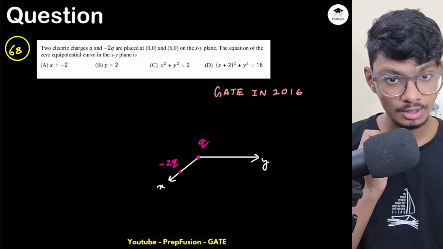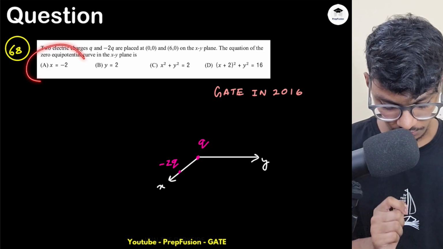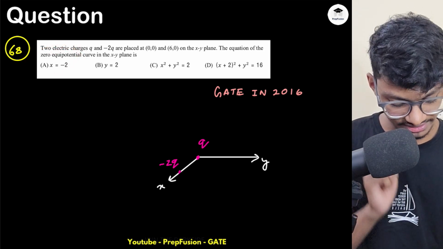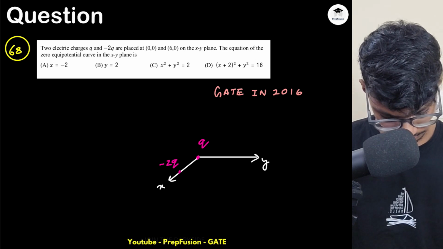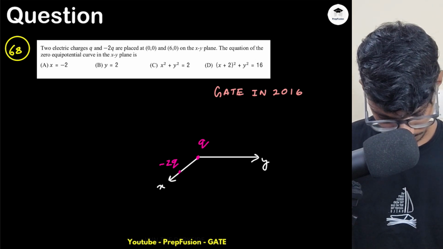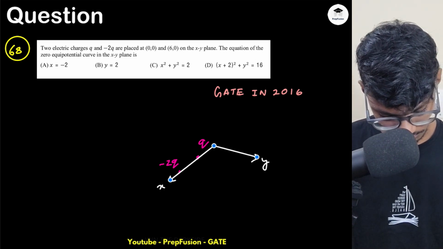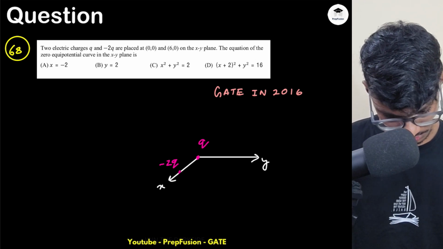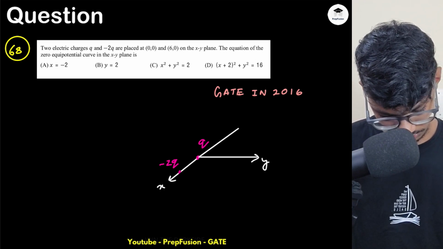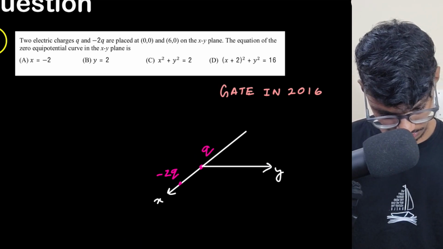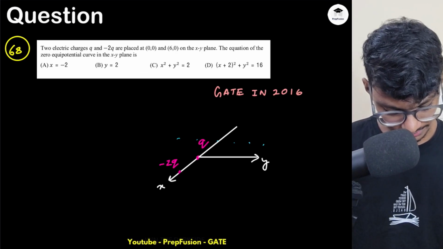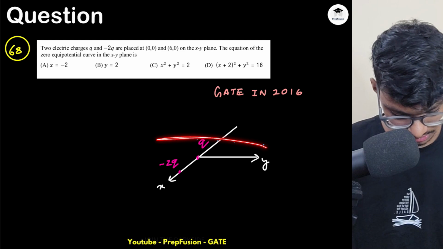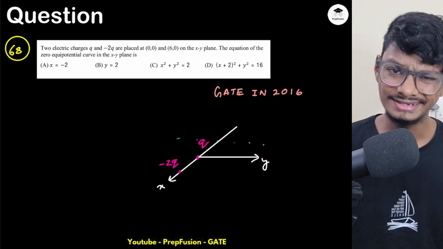Okay, so can we solve this by option elimination? If I choose this option, X equals 2, then it is somewhere around here. Here it is telling me that it is an equipotential curve. Is this correct?